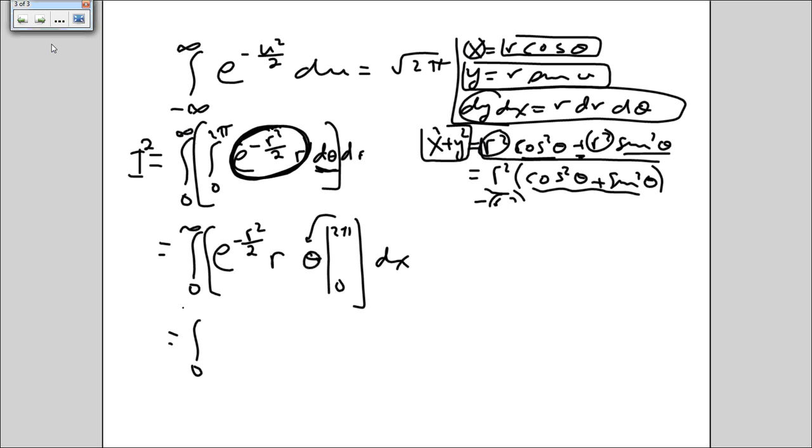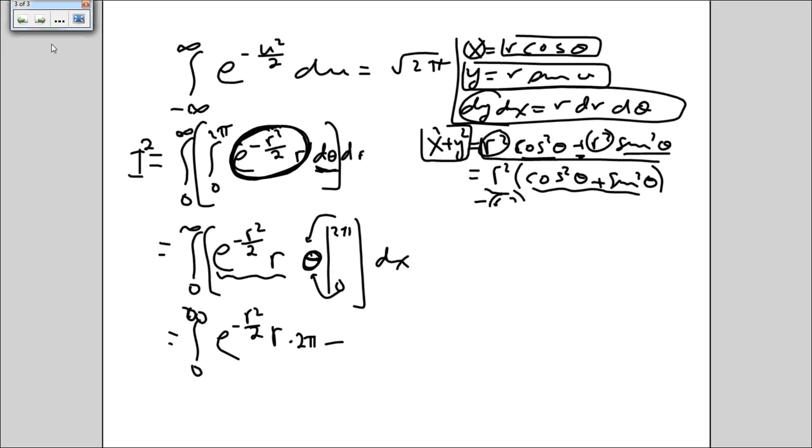The integral is 0 to infinity of e to the negative r squared over 2 r times 2 pi minus, and then you plug in 0 for theta. If you think about it, this mess times 0 will be 0.